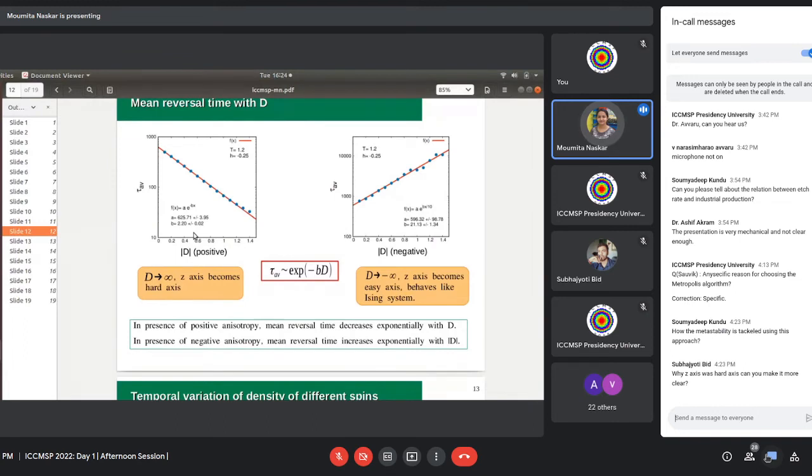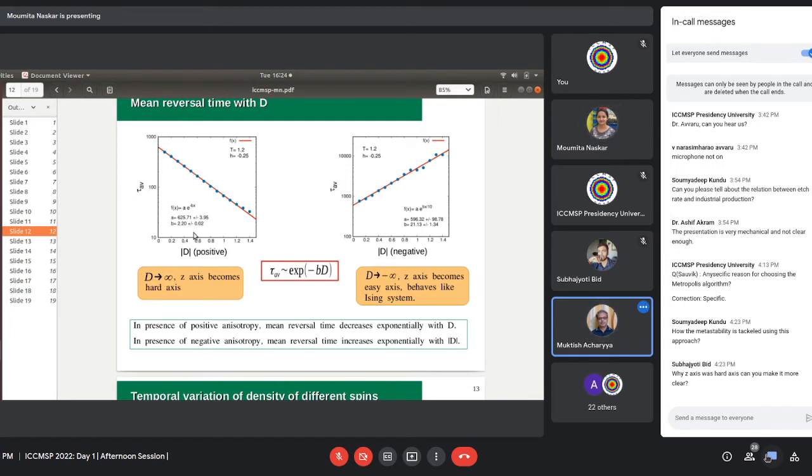Anisotropy basically arises from the different crystal structures, and due to this structure many ferromagnets have some different intrinsic direction in which the spin prefers to align. In that case the z-axis becomes the hard axis for them.